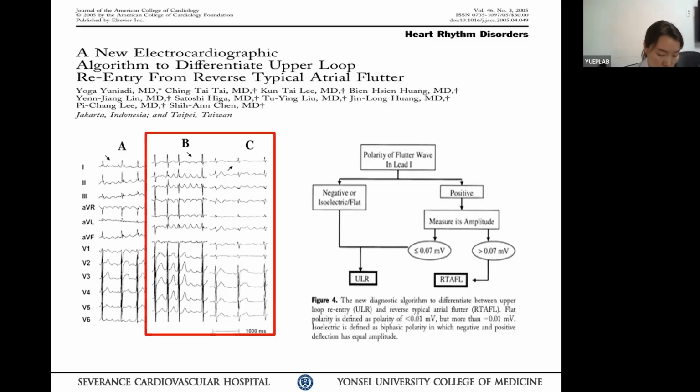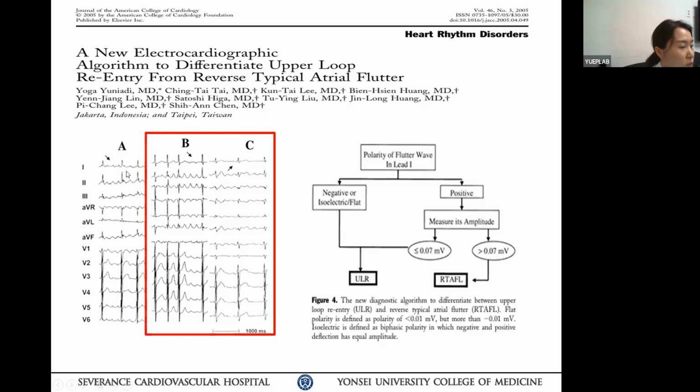So therefore, when the inferior leads are positive, a positive flutter wave in lead 1 favors reverse typical atrial flutter, whereas if it is negative, isoelectric, or even flat, it can suggest upper loop reentry.